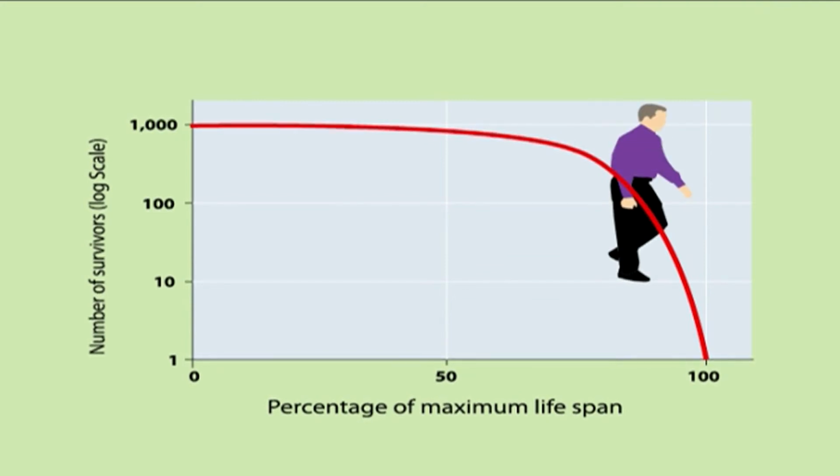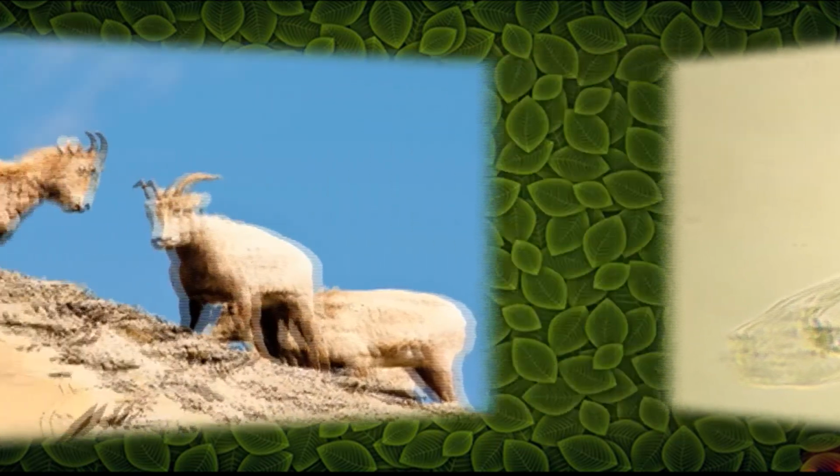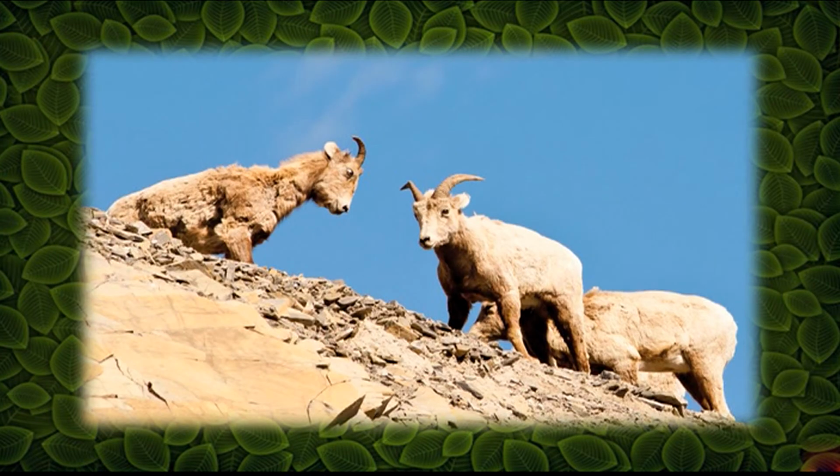Humans are one of the species that show this pattern of survivorship. Rotifers and mountain sheep are other examples of these types of survivorship. In populations showing the rotifer, human, mountain sheep survivorship pattern, a given individual has a relatively long life expectancy at birth.